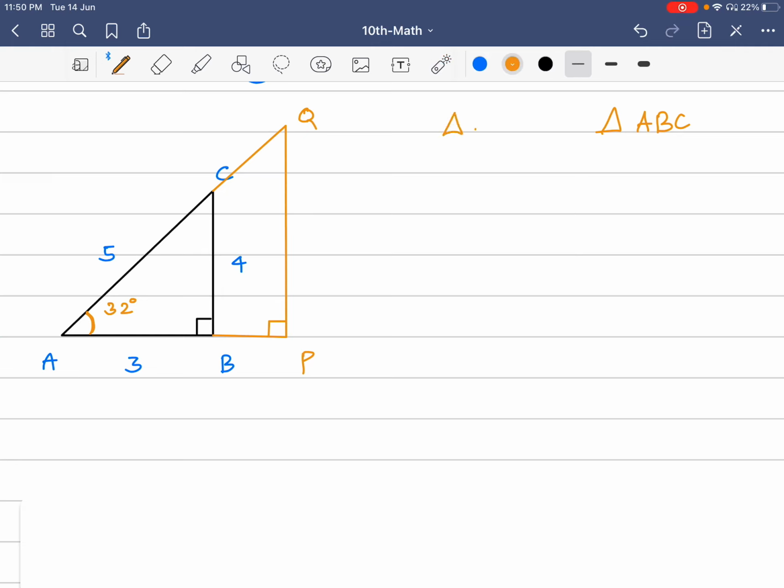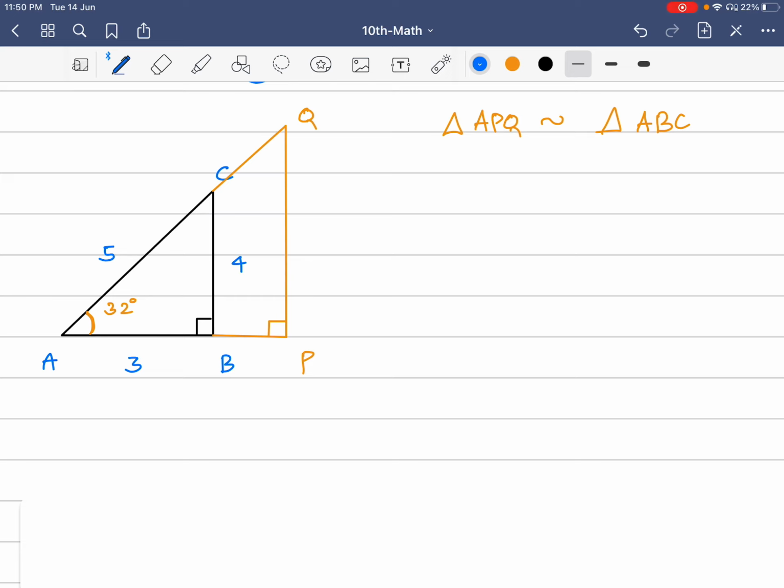So triangle APQ. Now we all know that these two triangles APQ and ABC are similar triangles, by the property of angle. Angle A is common to both triangles, and the 90-degree right angle is also common to both. Thus triangle APQ is similar to triangle ABC. The property of similar triangles is that the ratios of the sides are also equal.